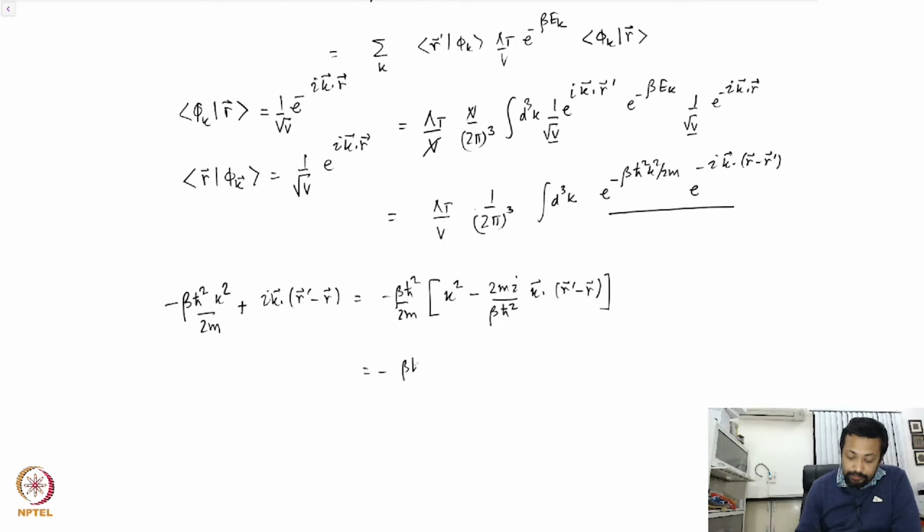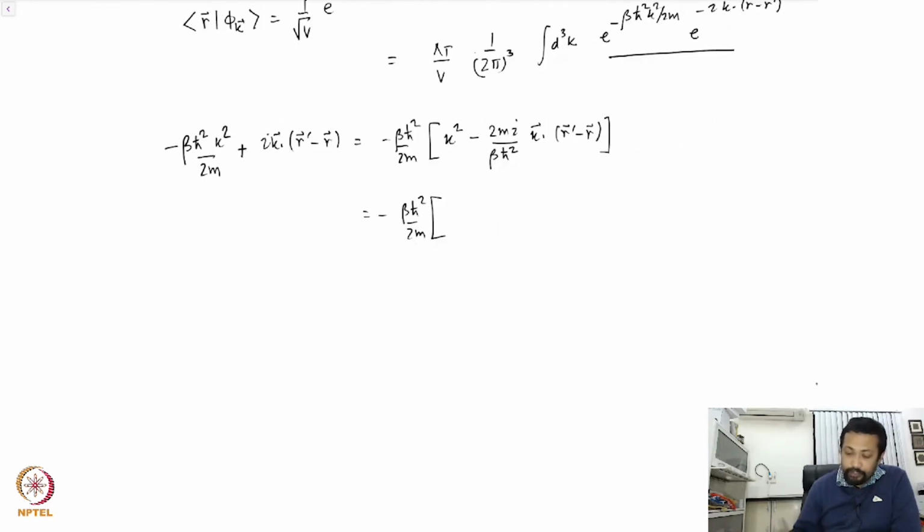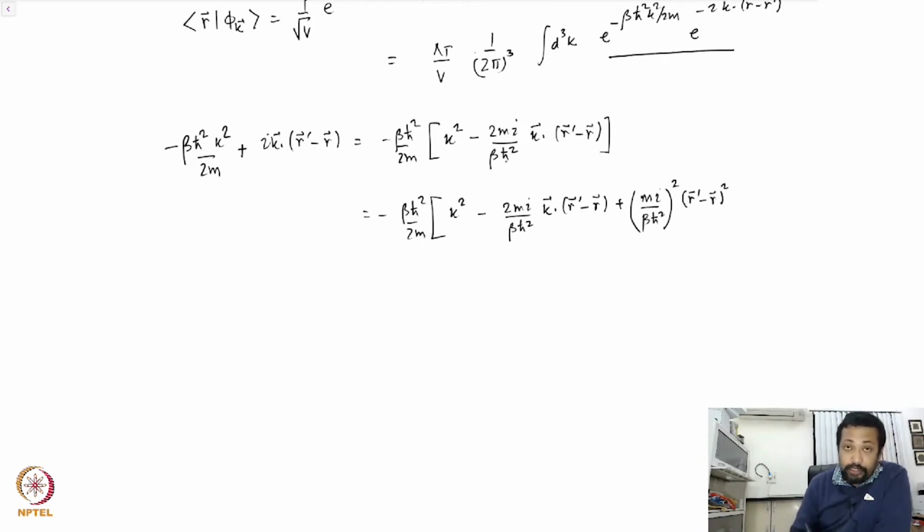This is a standard manipulation of a Gaussian integral: k squared minus twice m i over beta h bar squared k dot r prime minus r, plus m i over beta h bar squared whole squared, r prime minus r, so that this argument becomes a complete square.